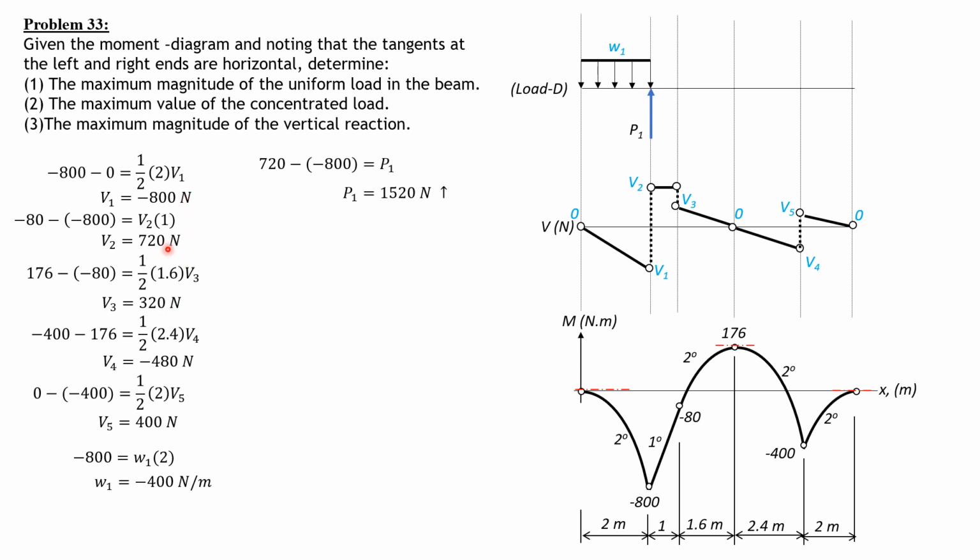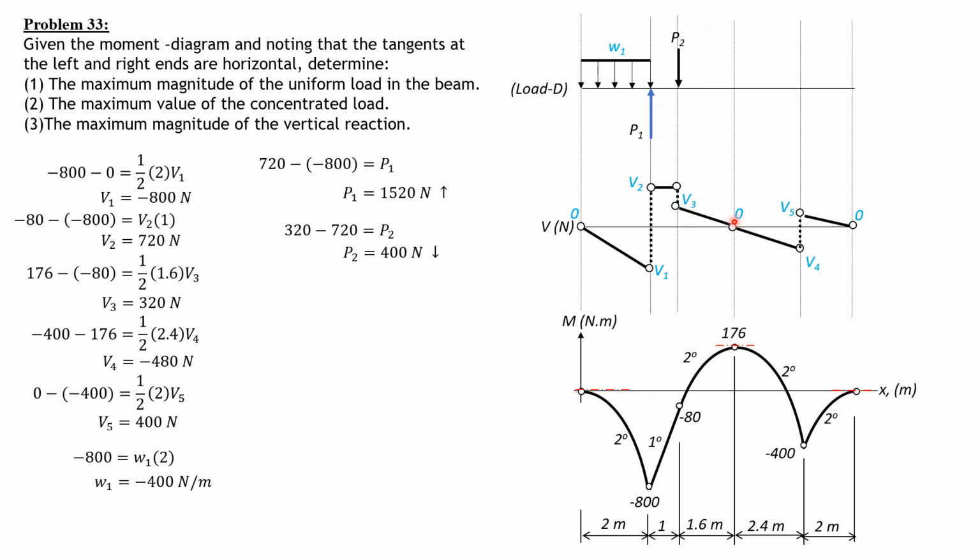So 320 minus 720 is negative 400. So that means there is a downward force of magnitude 400 newtons. So P2 is V3 minus V2, 720, so negative 400 or 400 downward. So that's why we have P2 downward.